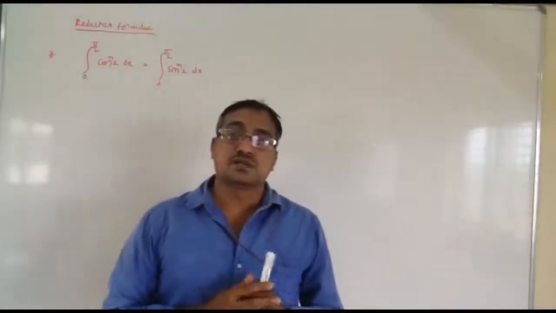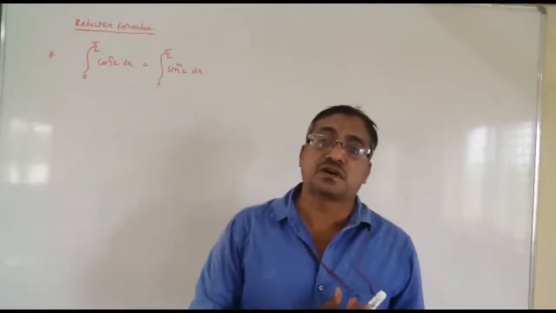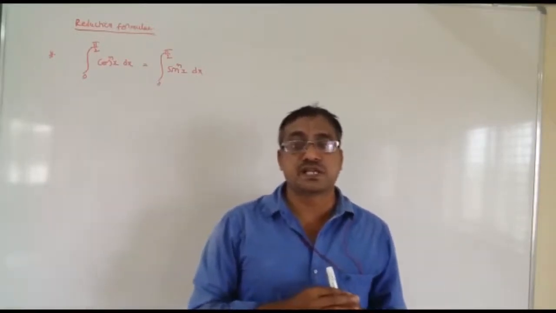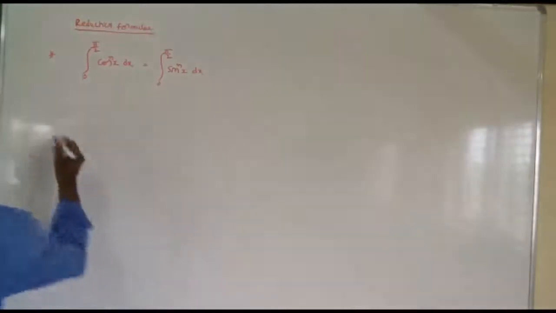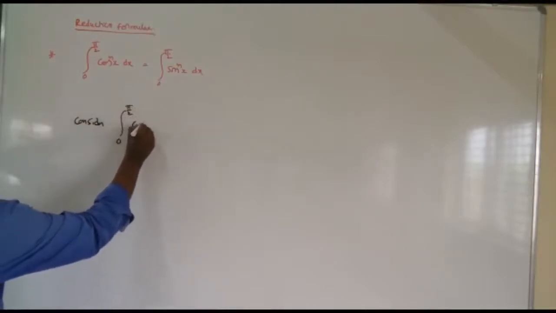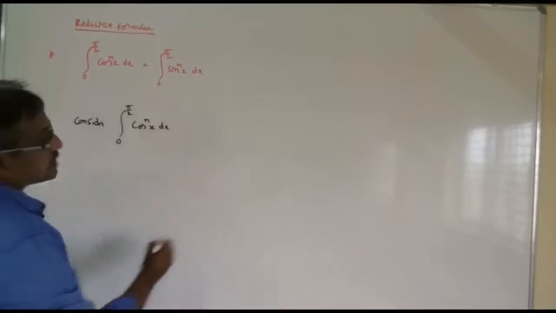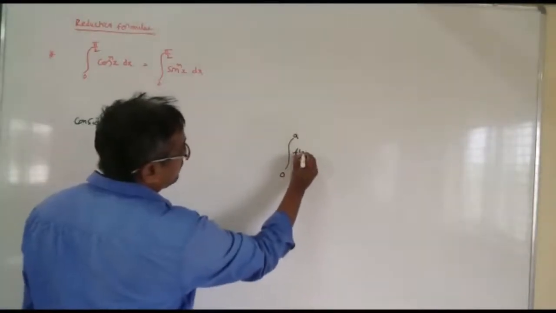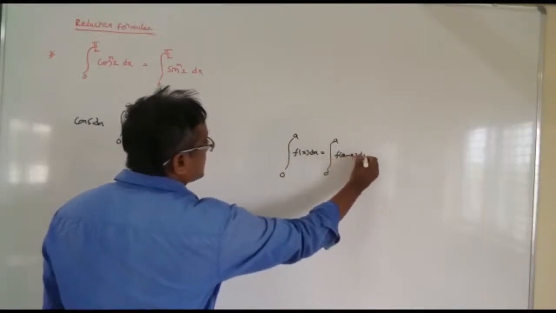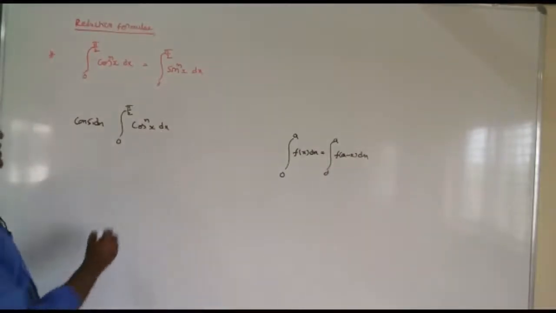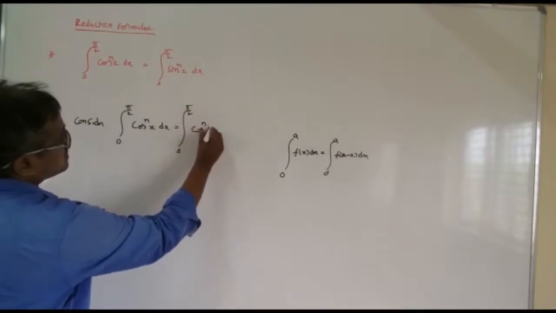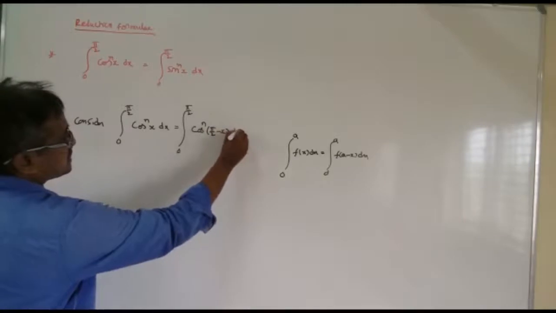Another more important concept: integral 0 to pi by 2 cos power nx dx is equal to integral 0 to pi by 2 sin power nx dx. Let us see. Now consider integral 0 to pi by 2 cos power nx dx. We have a formula, integral 0 to a f of x dx is equal to integral 0 to a f of a minus x dx. This is the property. Now this definite integral can be written as 0 to pi by 2 cos power n of pi by 2 minus x dx.